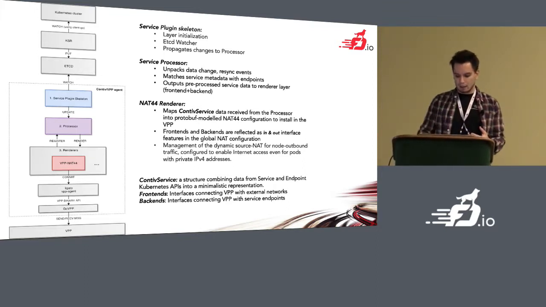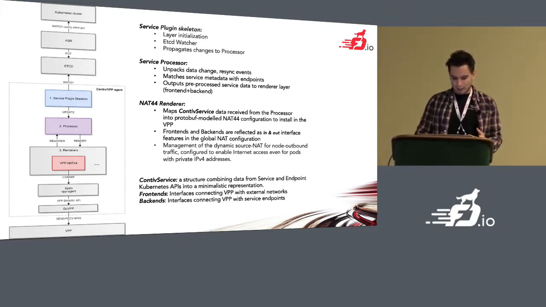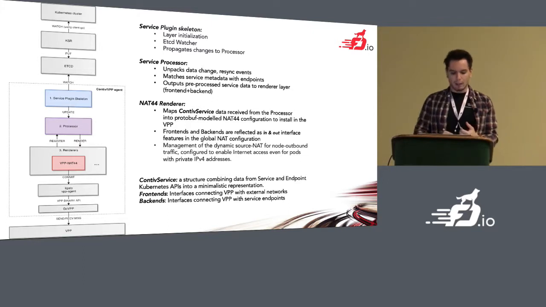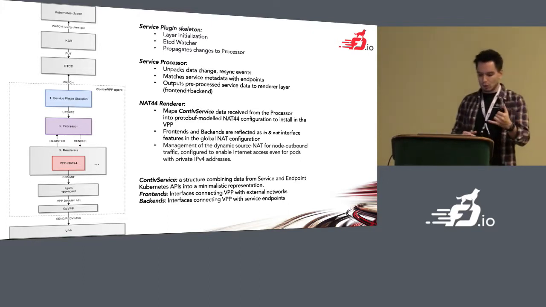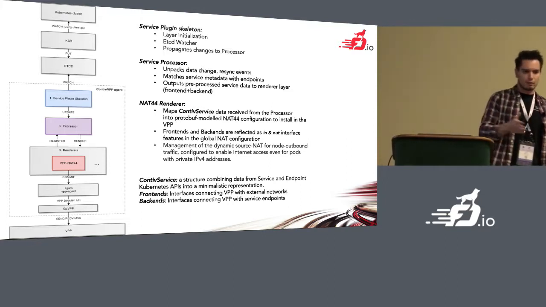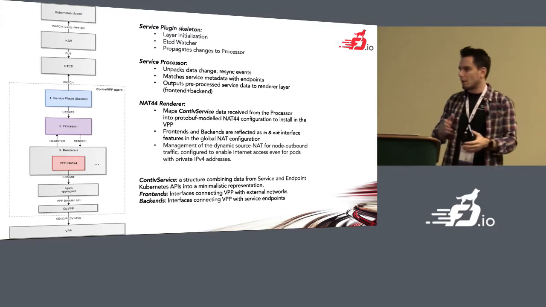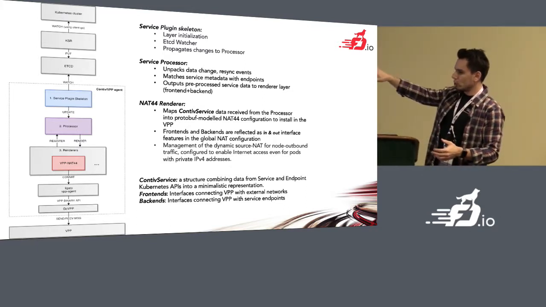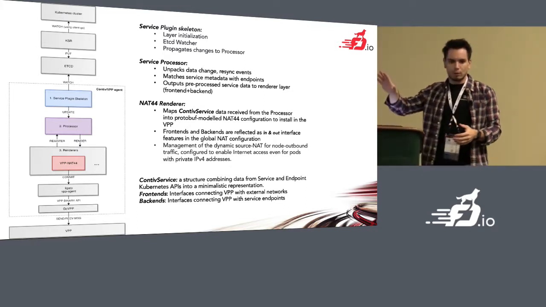And then, if I move one slide here, the service processor, and then from the service processor, we can use the renderers, which can be different renderers for different data planes. So that architecture supports multiple data planes.